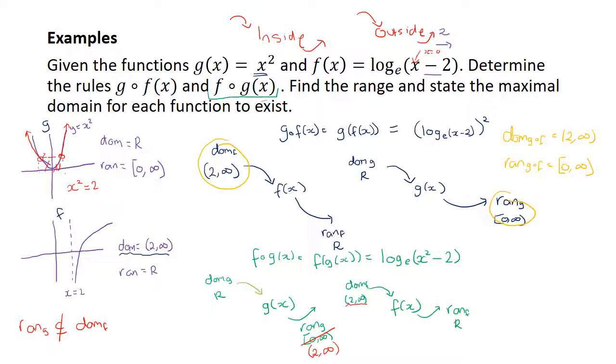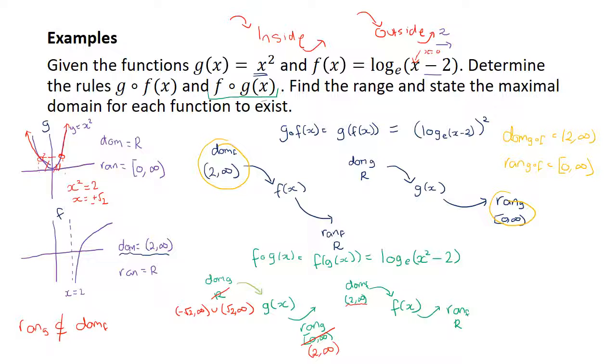I'm letting it equal the y value. If I solve this, I take the square root, so I get positive or negative square root of 2. So that means that my new domain, I'm allowed to have values from negative square root of 2 to infinity, and in union with square root of 2 to infinity. So it's changed the maximal domain for this function to exist.